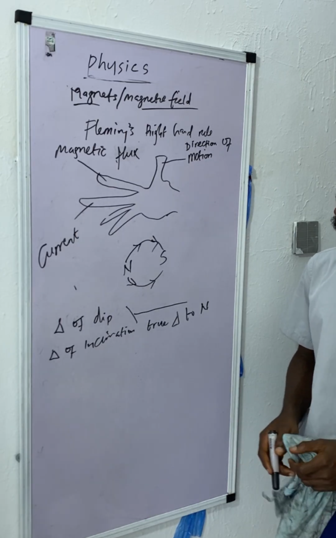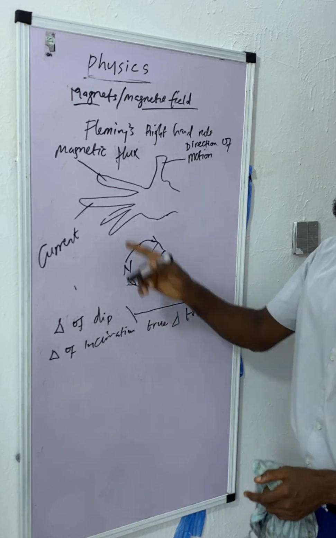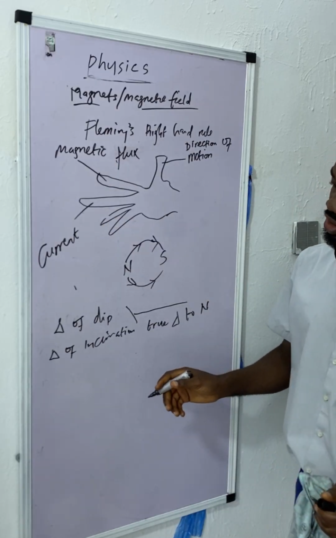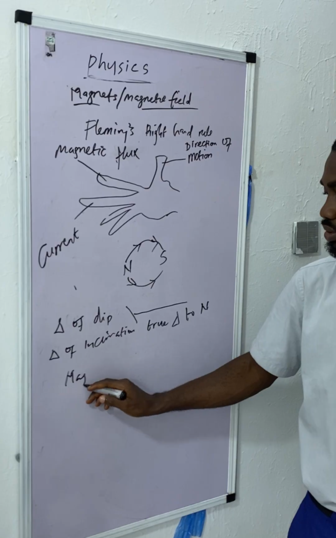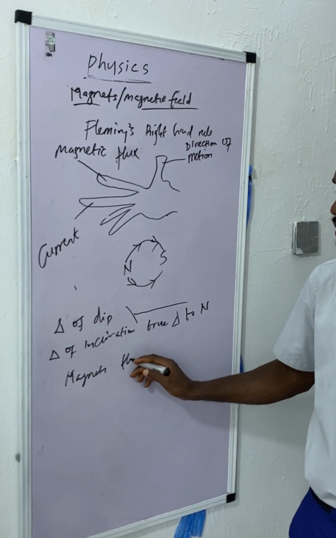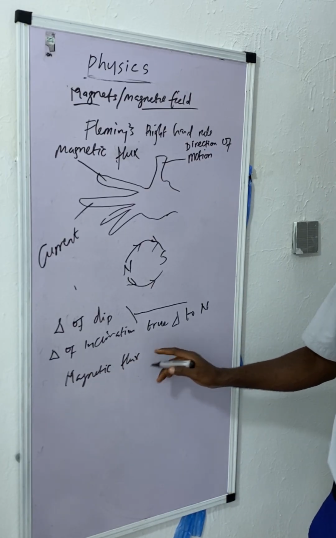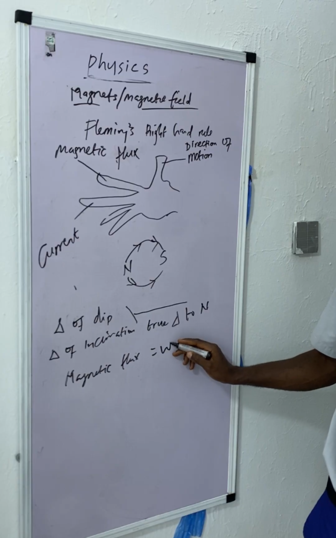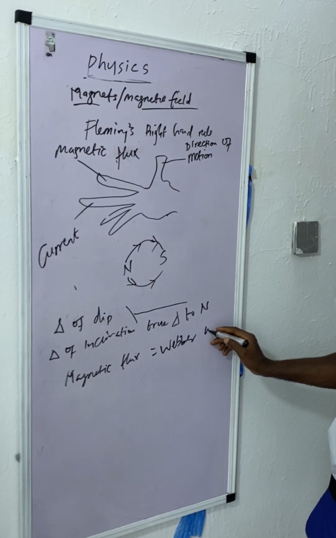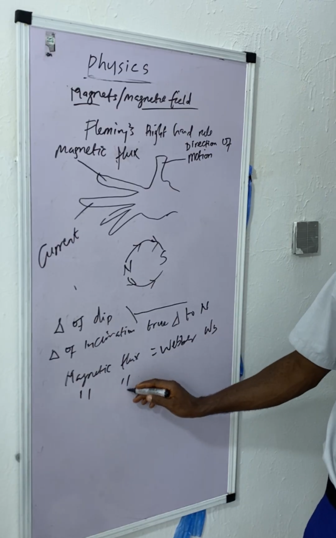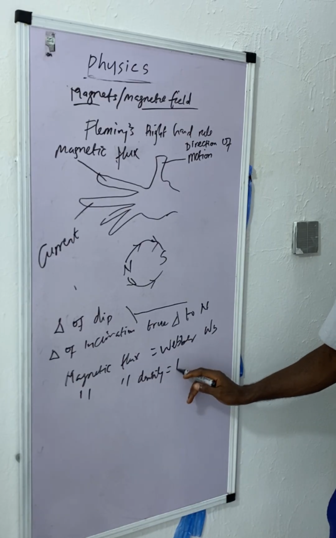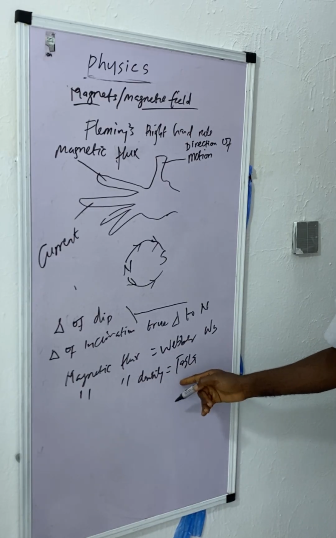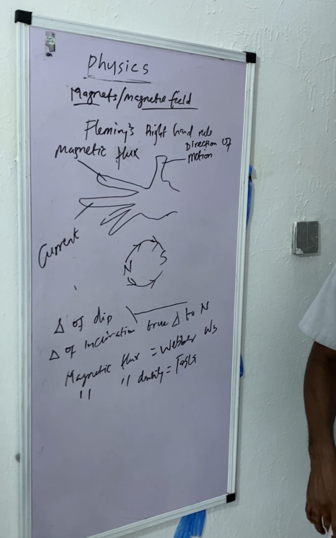Sorry, magnetic flux is a scalar quantity, and its SI unit is Weber. Magnetic flux density is a vector quantity, and its SI unit is Tesla, like the Tesla you know.